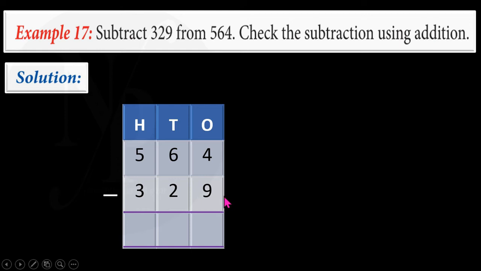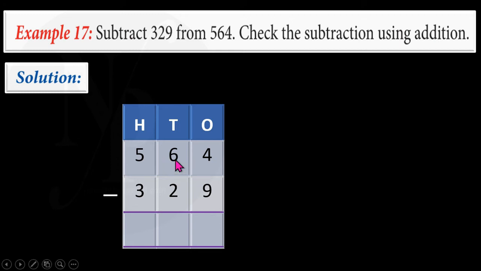Come on, let's subtract now. We start from ones place. We subtract ones place digits first. So here in ones place we have 9 to be subtracted from 4. Subtracting 9 ones from 4 ones is not possible. So we have to regroup these digits.